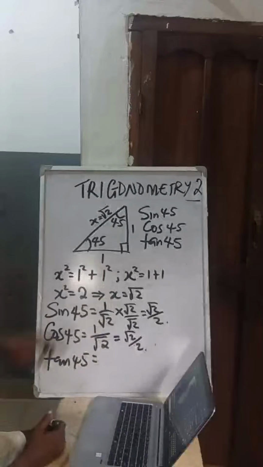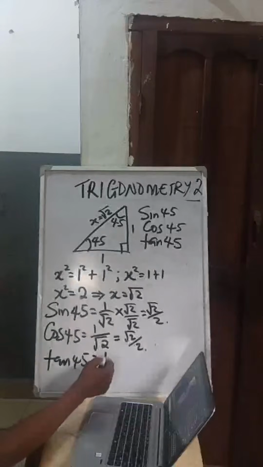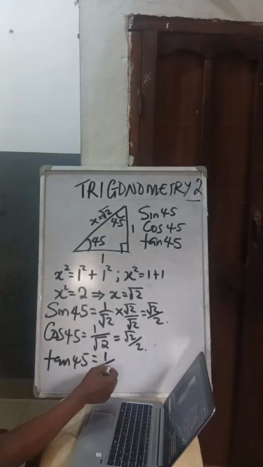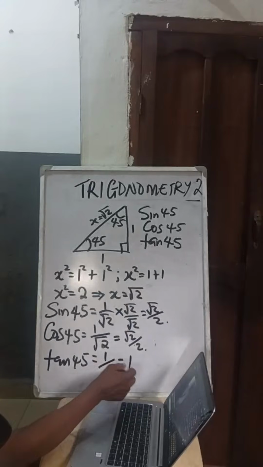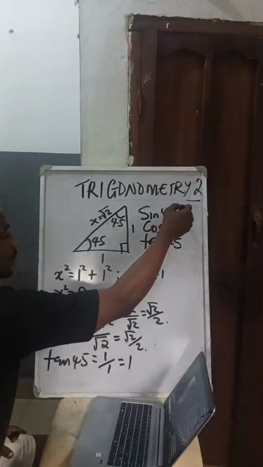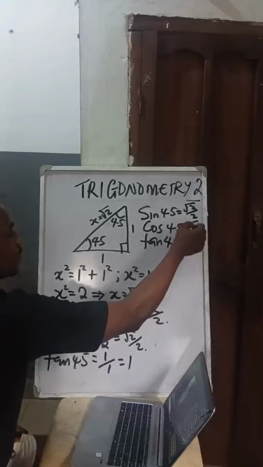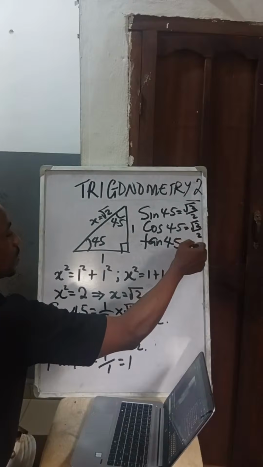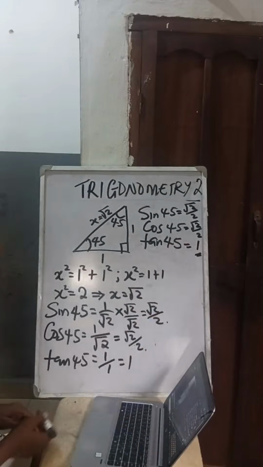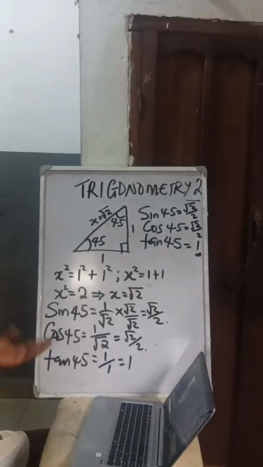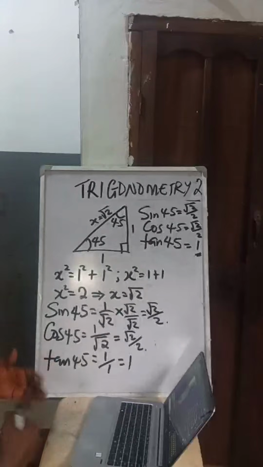Opposite over adjacent, 1 all over 1, which is 1. So, sine 45 is root 2 over 2, cos 45 is root 2 over 2, and tan 45 is 1. So that is how we get them, sine 45, cos 45, and tan 45.